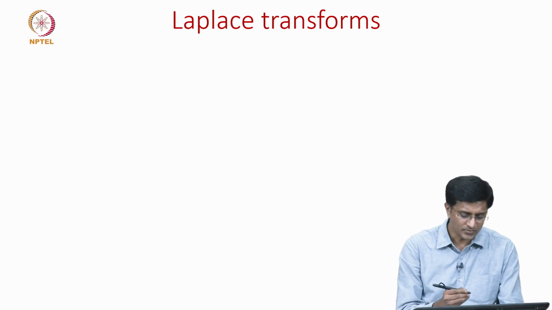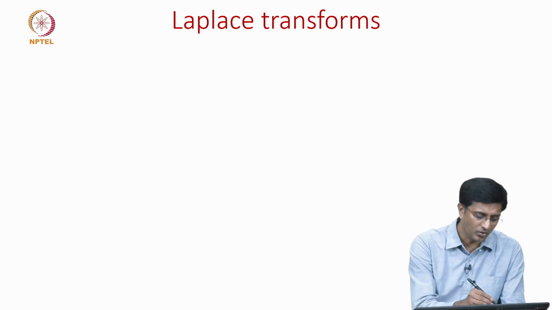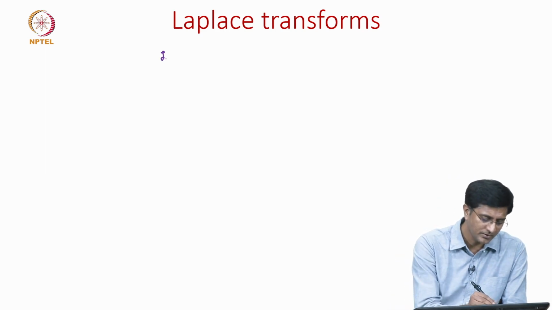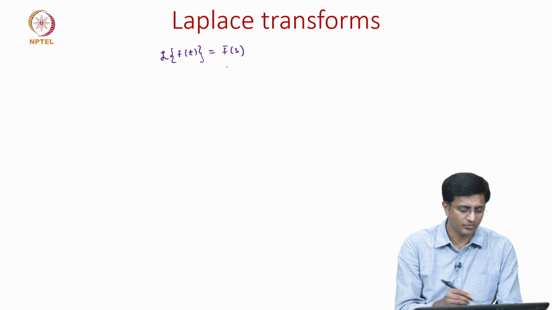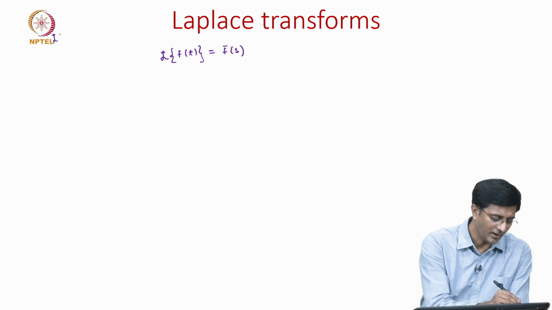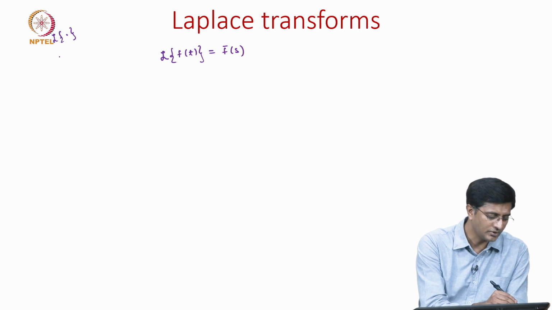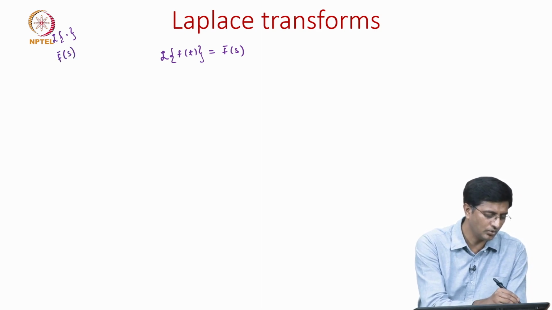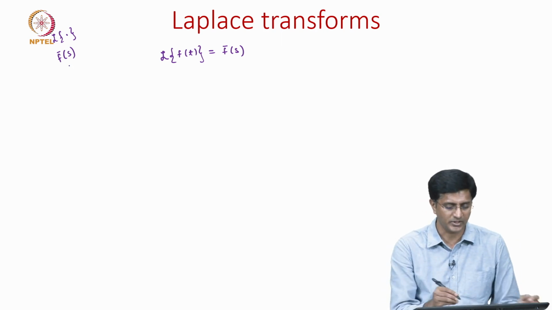So, Laplace transforms, let us first write how it is represented. This is the Laplace of f of t, the function. This can also be written as f bar of s. These are two notations for the same thing, Laplace.